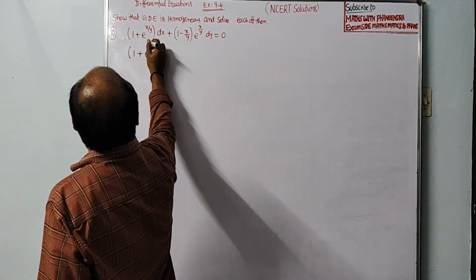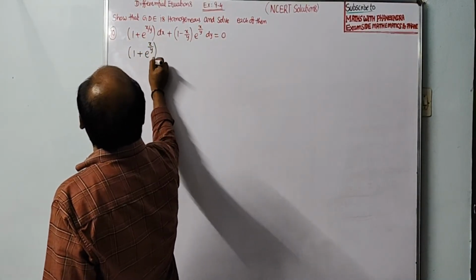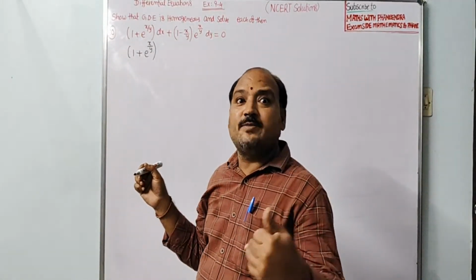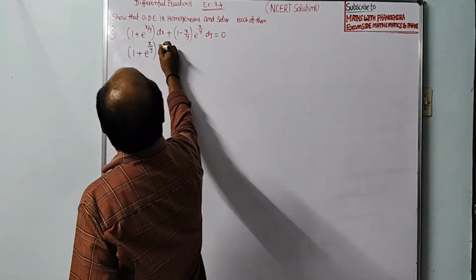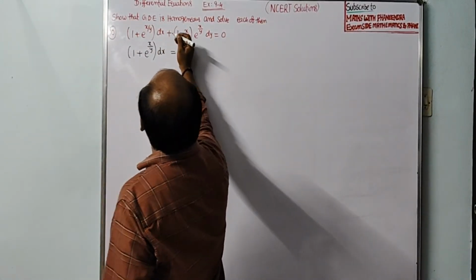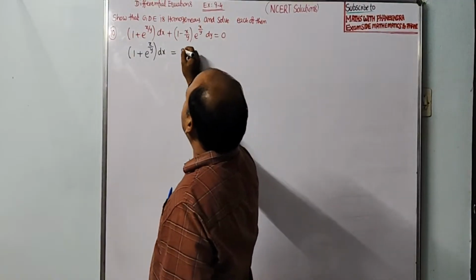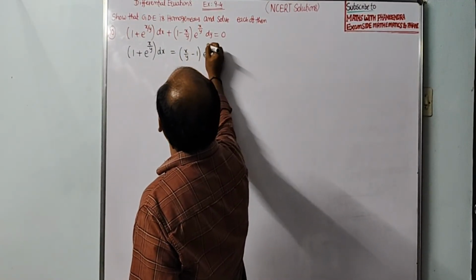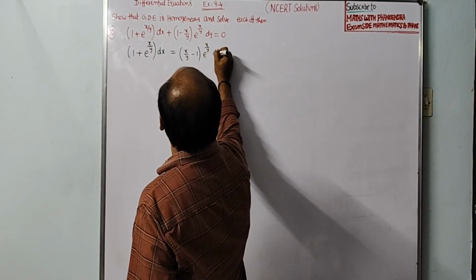1 plus e power x by y. In all the previous questions we observed y by x terms, but in this one x by y terms are there. dx is equal to this value; bringing this side means these two are also interchanged: (x/y - 1) e^(x/y) dy.